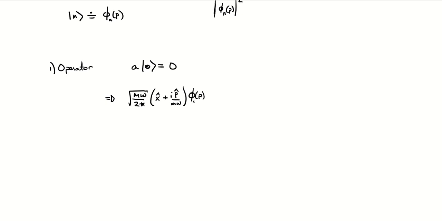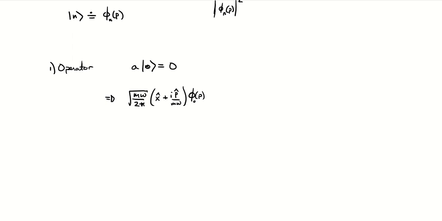So how do we find these momentum space wave functions? We can use a lot of the same techniques that we use to find position space wave functions. We can use the operator method, because we know that the lowering operator acting on the n equals 0 state is equal to 0. We can write that in terms of momentum space, which gives us the square root of m omega over 2 h bar, times x hat plus i p operator over m omega, operating on our momentum space wave function of zeroth order.